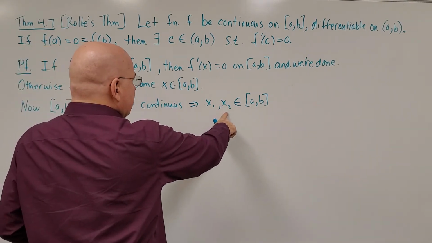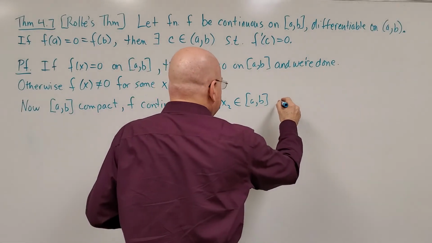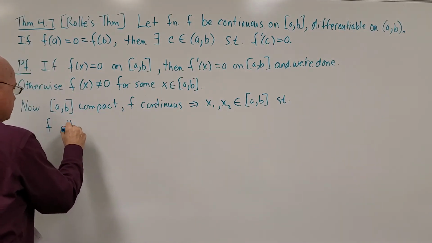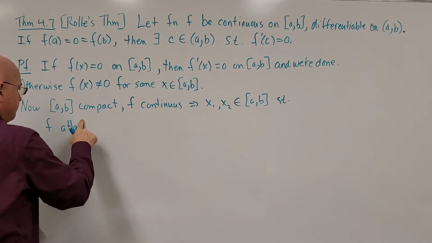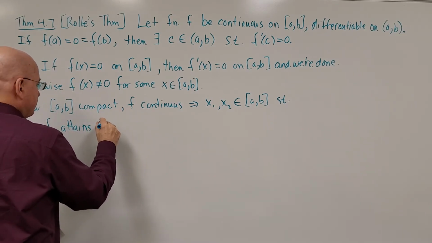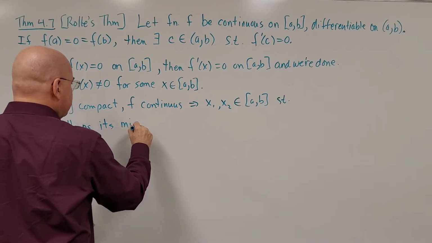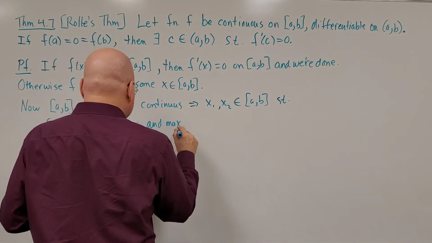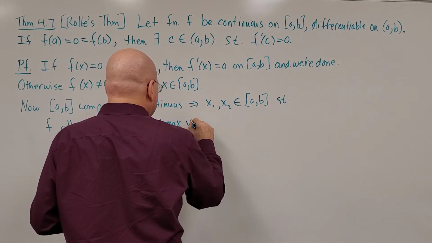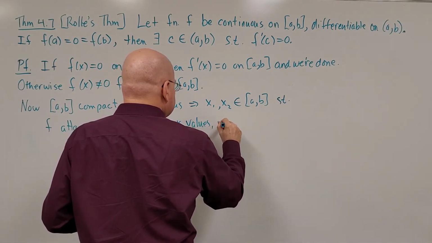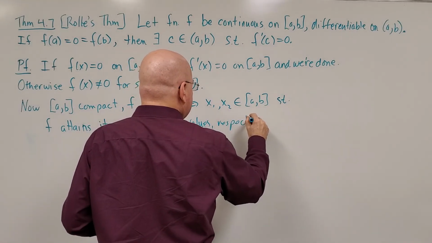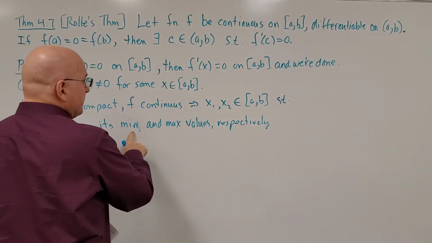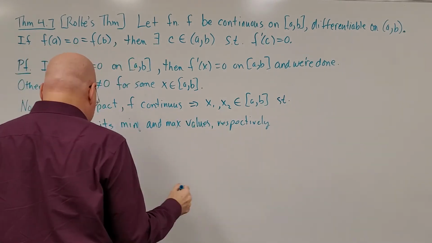So there's an x1 and an x2 such that f attains or reaches its min and max values, respectively. So x1 would be where the min occurs, and x2 would be where the maximum occurs.